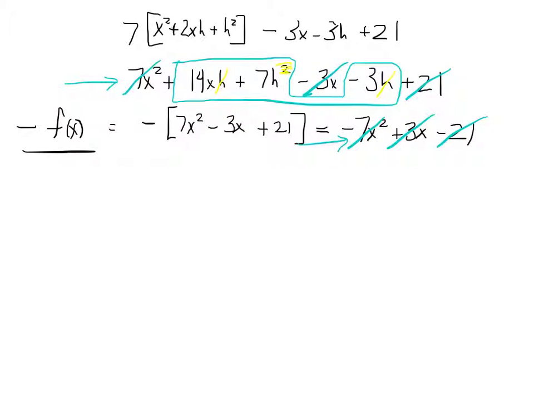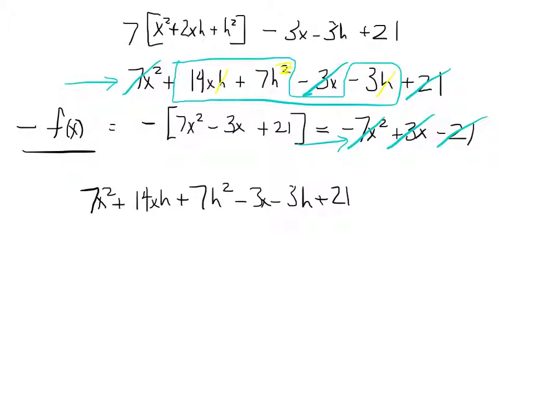I'm going to write this out, whoops, not in yellow. That would be ridiculous. I'm going to go ahead and write the whole thing. 7x squared plus 14xh plus 7h squared minus 3x minus 3h plus 21.